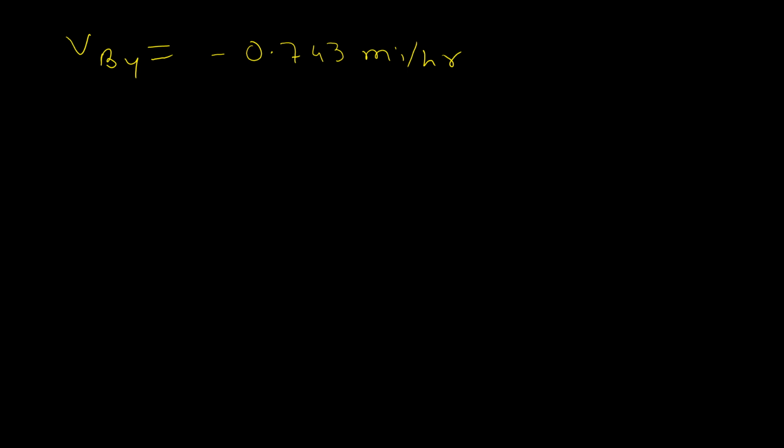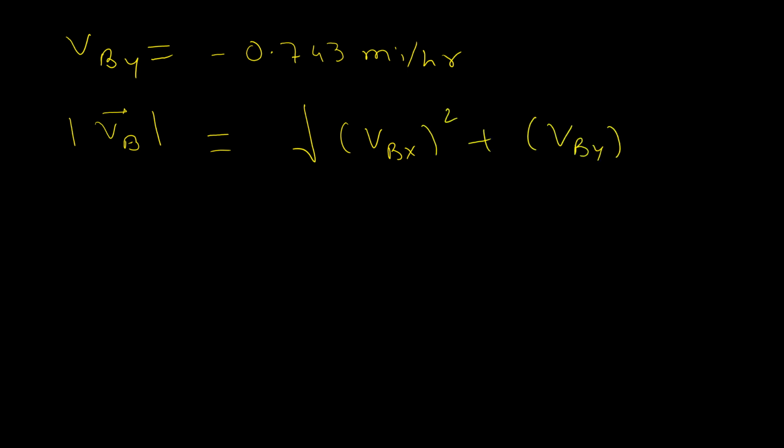Now we have VBy and we have VBx. We can find the total magnitude of the VB vector, the velocity at the bank, and it's going to be the square root of VBx squared plus VBy squared. Just plug in the values.